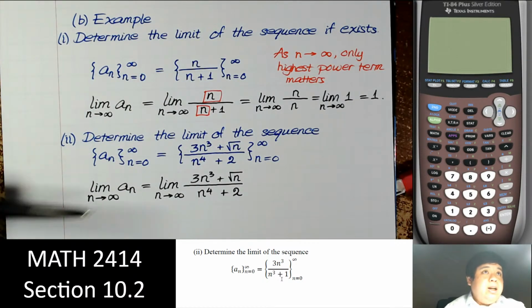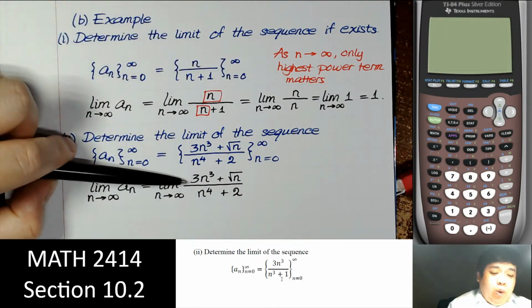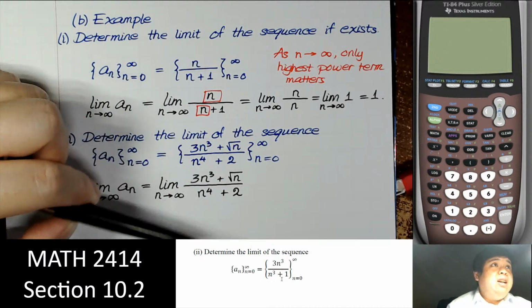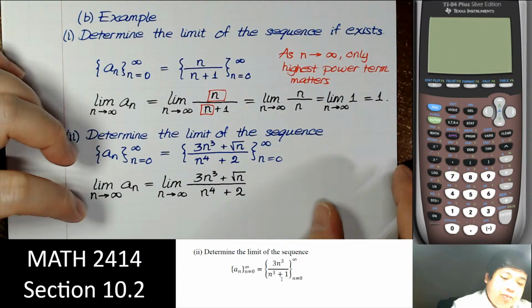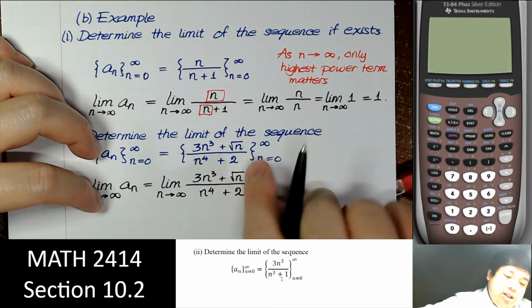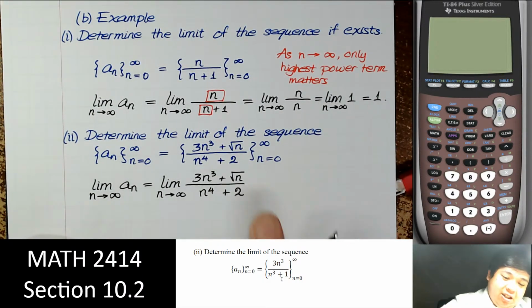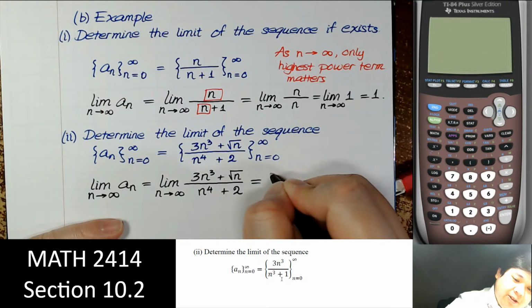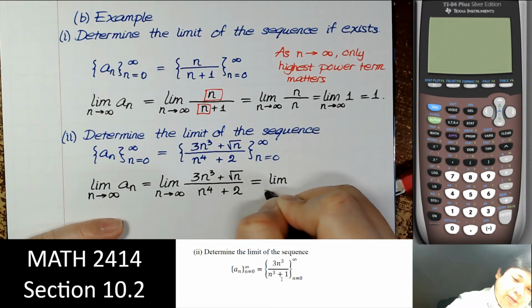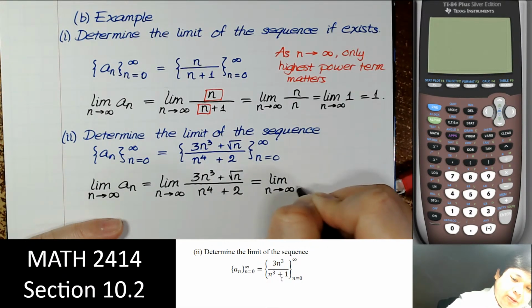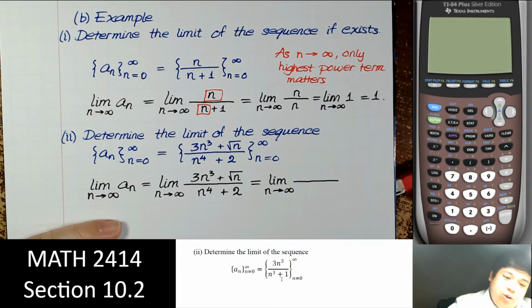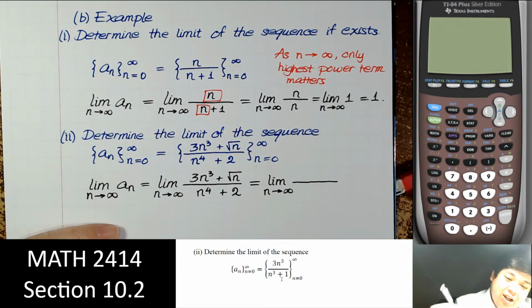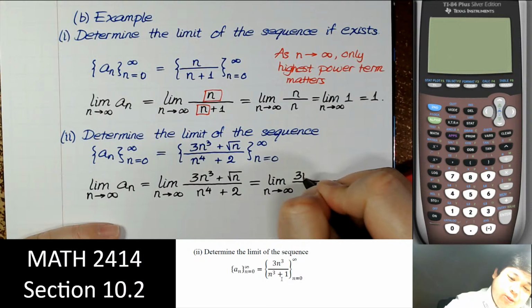So, same things apply. We have power of n or power of x. Only the one with the highest power matters. So we check pretty much that. Square root of n is n to the 1/2. So let me write this again. 3n cubed.